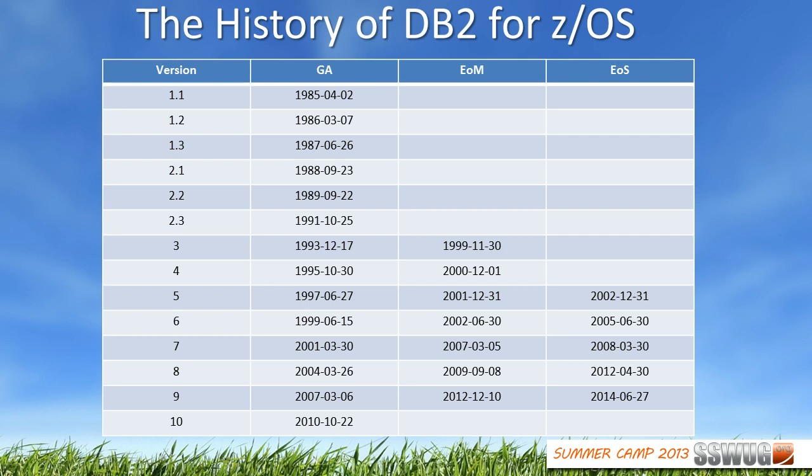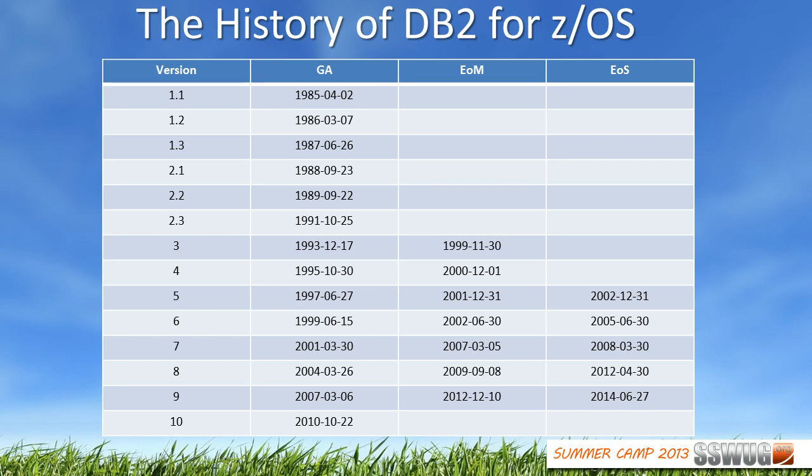And that's kind of holding true even as we look at what's on the horizon with DB2 version 11. That seems like it's going to be coming out later this year, probably the fourth quarter, and that would put it right in line with a 3-year delivery cycle between 10 and 11.